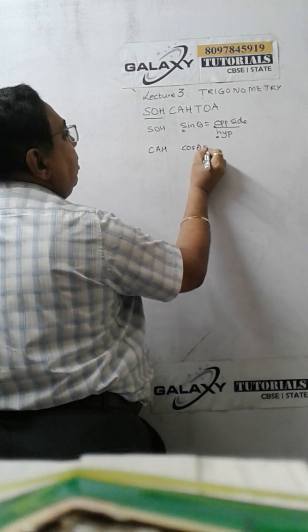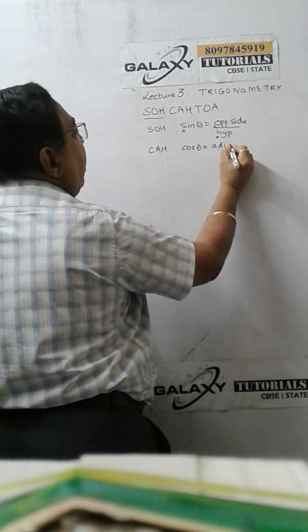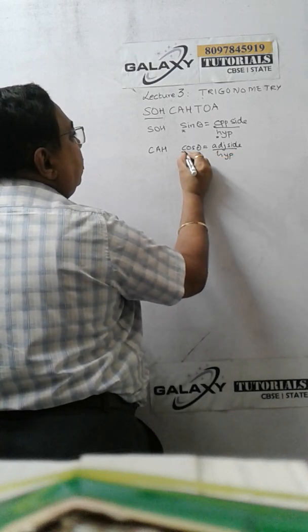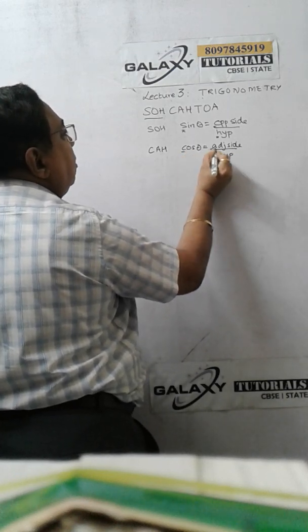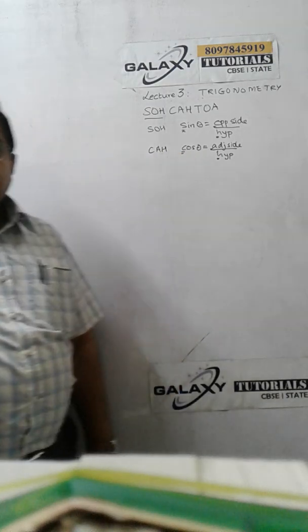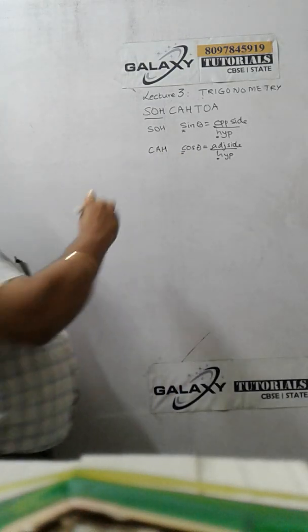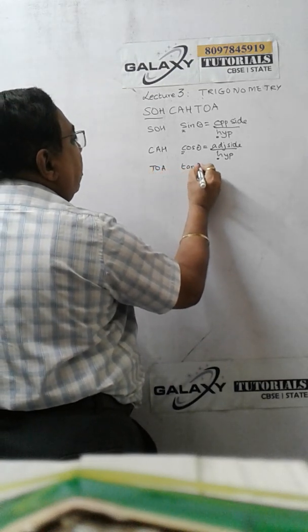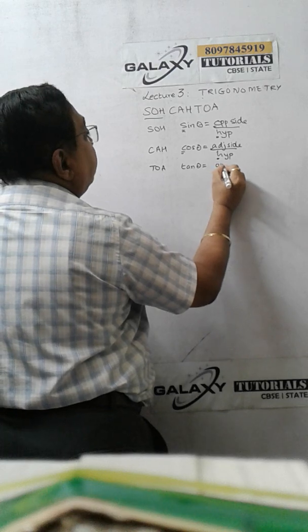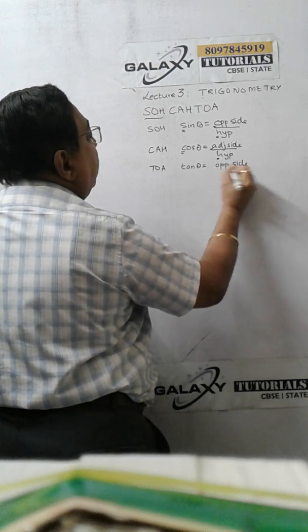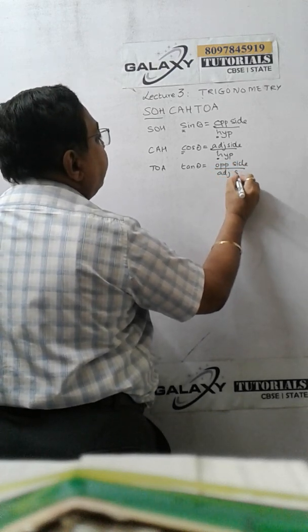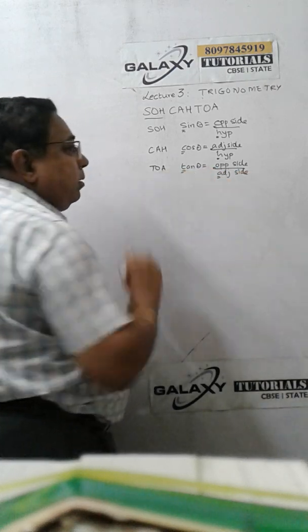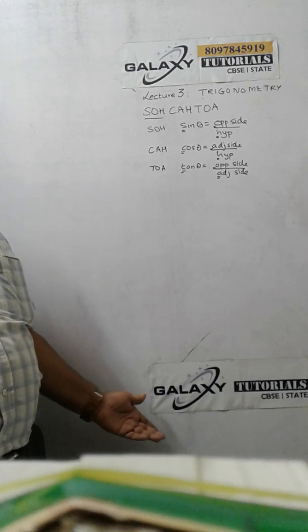Cos theta is adjacent side upon hypotenuse. CAH. Then TOA. Tan theta is opposite side upon adjacent side. TOA.